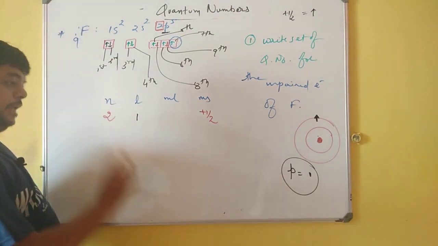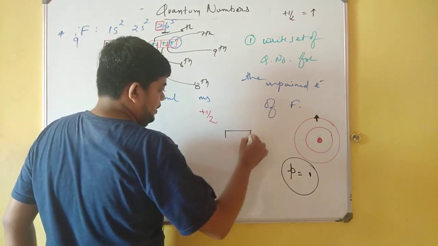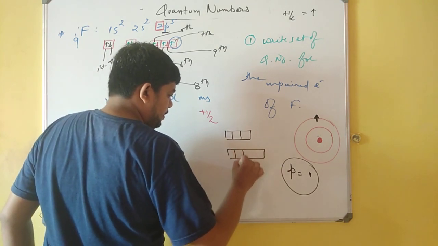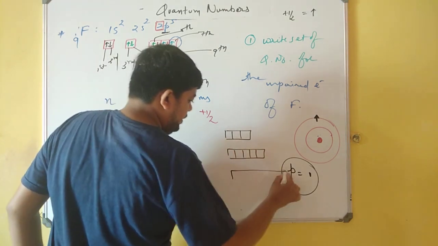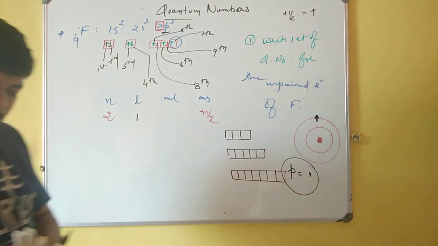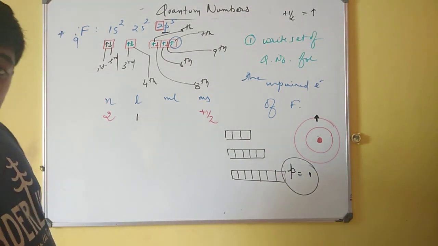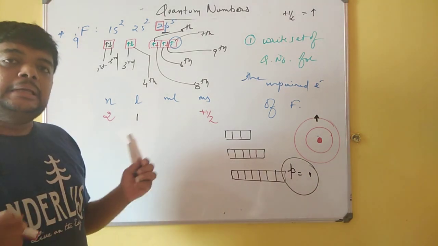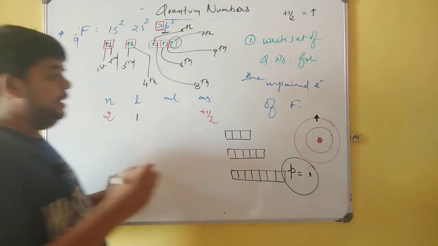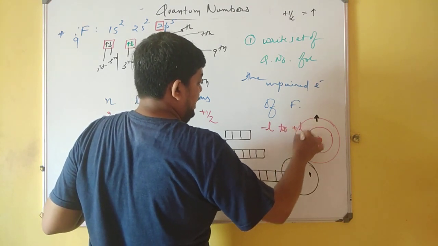Now comes ml, that is the magnetic quantum number. Friends, always remember, when it is p or d or f suborbit or subshell, the way to determine the values for orbitals in the subshell is always with the formula minus l to plus l.